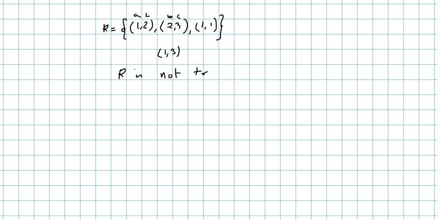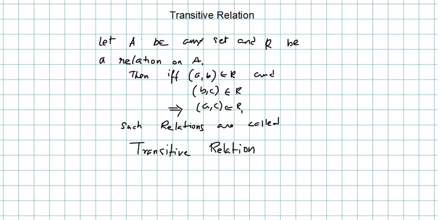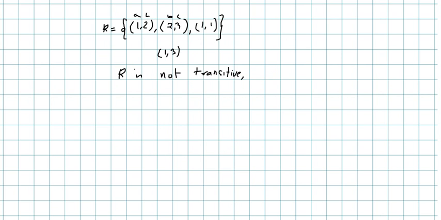The definition says that if (A, B) is an element of R and (B, C) is an element of R, then (A, C) should also be an element of R. When this happens, you call the relation transitive. In this case, (A, C), that is (1, 3), is not present, hence this is not transitive.